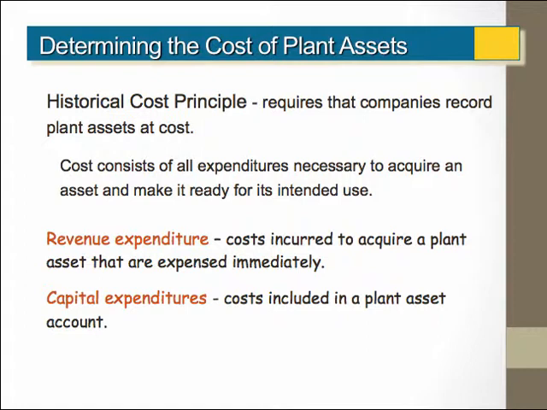A capital expenditure, such as for a plant asset, will have an intended use of multiple years, and therefore we need to capitalize the expenditure and place it on the balance sheet and spread the cost of the asset over the life of the asset.